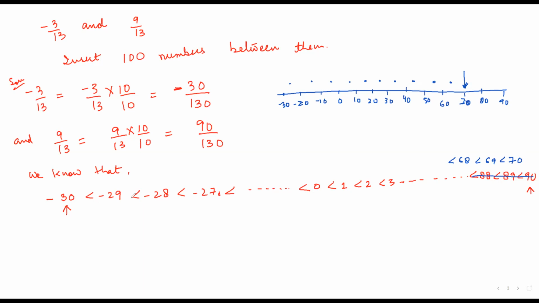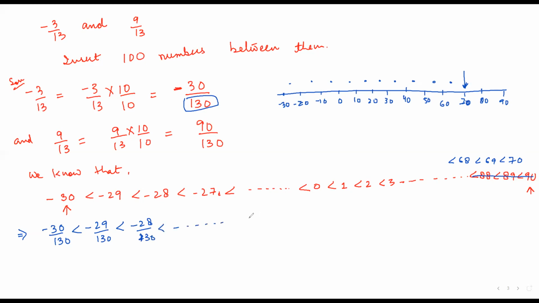Now I divide every number by 130. Because I have 130 in the denominator, so I'm dividing all the numbers by 130. So it implies that minus 30 divided by 130 will be smaller than minus 29 divided by 130 will be smaller than, and so on, right?